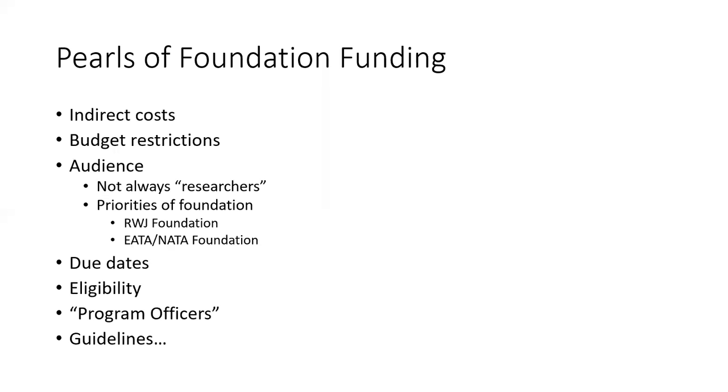How they explain or define program officers also can vary. So don't be afraid to shoot an email out to their contact officer and whoever's listed on their website, but don't be surprised either if they pass you along to somebody else, as rules often change within these foundations. And basically all this comes down to is spend some good time, do your homework with the guidelines that they have written.